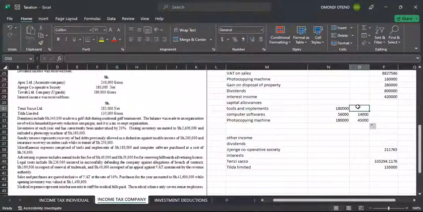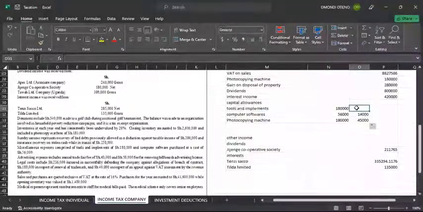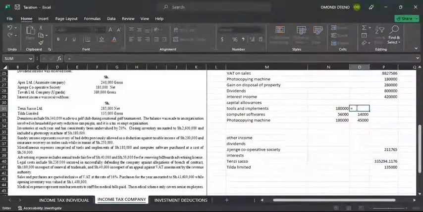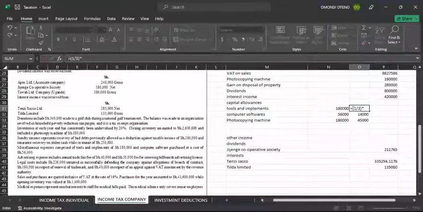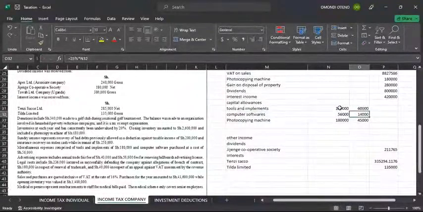Then tools and implements. We said yesterday that we take a third of the cost. And a third of the cost ni ngapi? A third of the cost is 60,000.